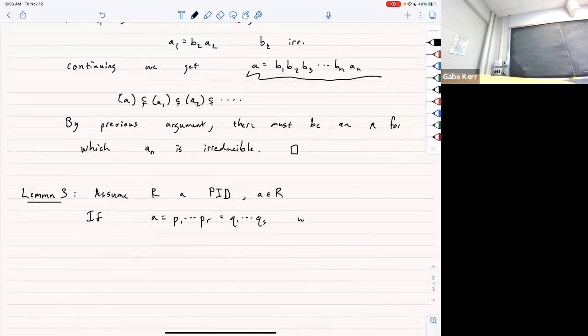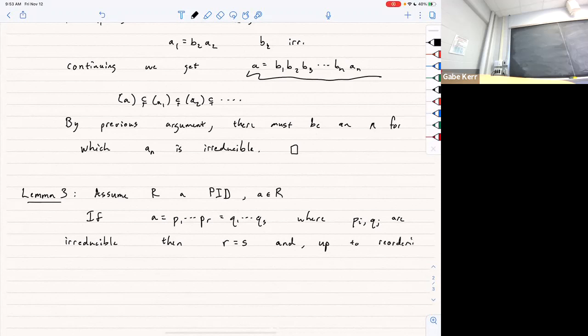Two factorizations, where the Pi and Qj are irreducible. Then the number of factors is the same, R equals S. And after reordering, we can assume that Pi and Qi generate principal ideals. Say they're associates.